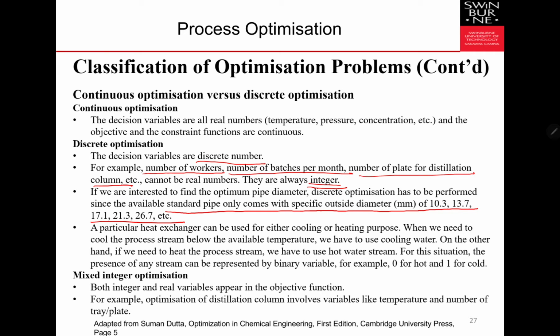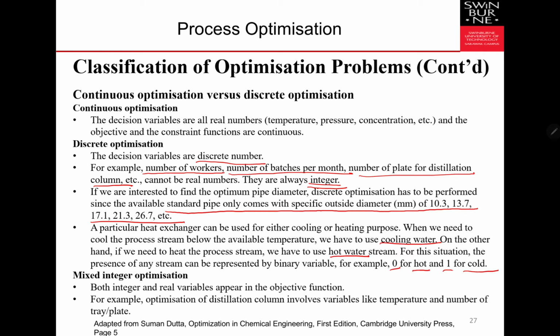A particular heat exchanger can be used for either cooling or heating purposes. When we need to cool the process stream, we have to use cooling water. If we need to heat the process stream, then we have to use the hot water stream. So for these two different cases, we can apply 0 for hot and 1 for cold.